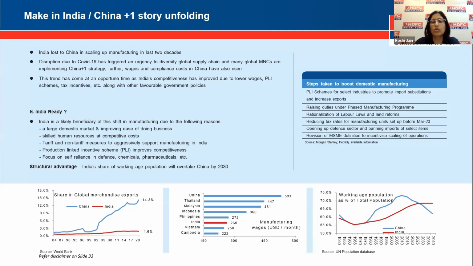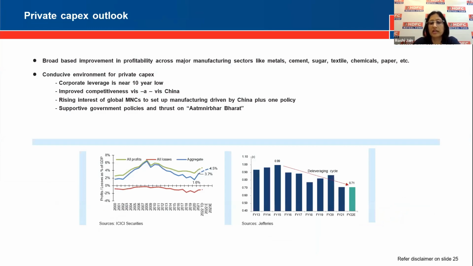Let me shift back to the potential, or the balance sheet capacity, of companies to also undertake manufacturing or Capex in India. If you look at the chart at the bottom left, India in the last decade has actually seen profits as a share of GDP trend down, and that has inflected.